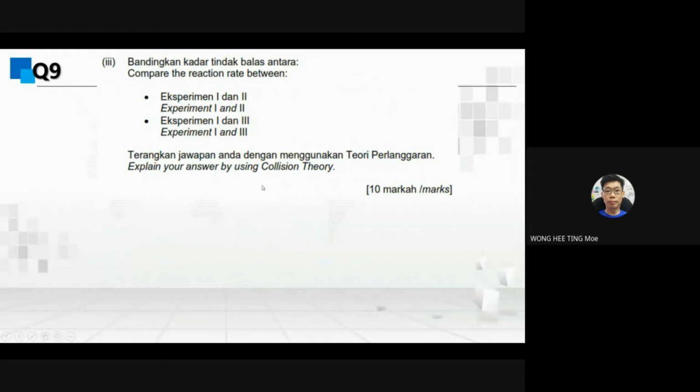Okay, 1 and 2. So it's a factor of concentration, right? So first you can write: rate of reaction in experiment 2 is higher than experiment 1. I hope all of you have noticed that the rate must be higher or lower, it's up to you, you want to mention experiment 1 is lower.